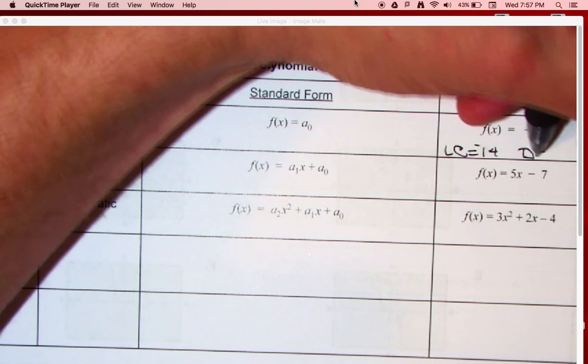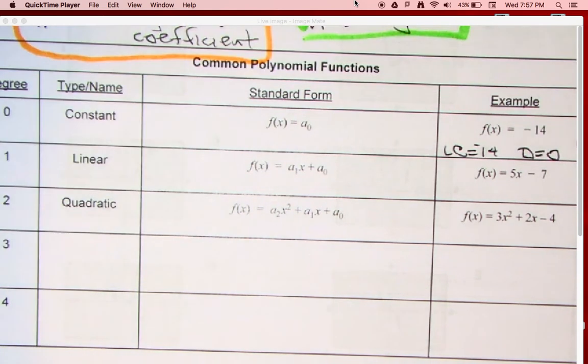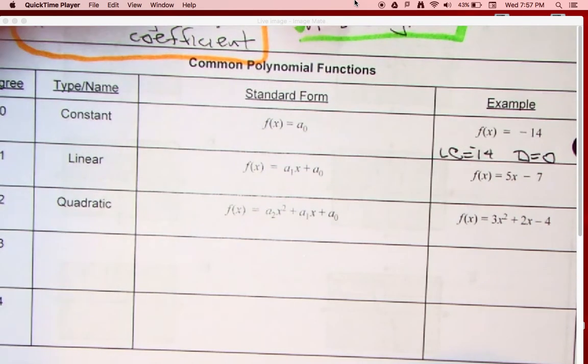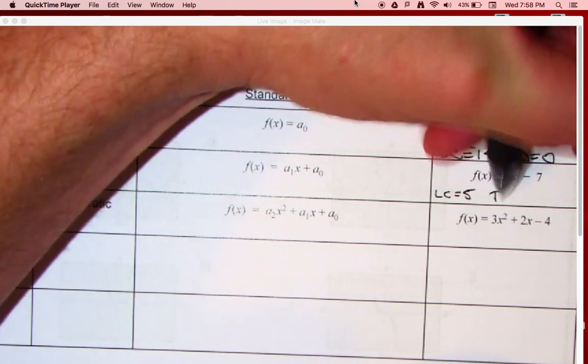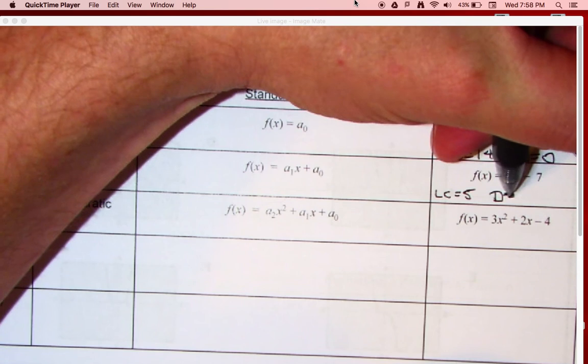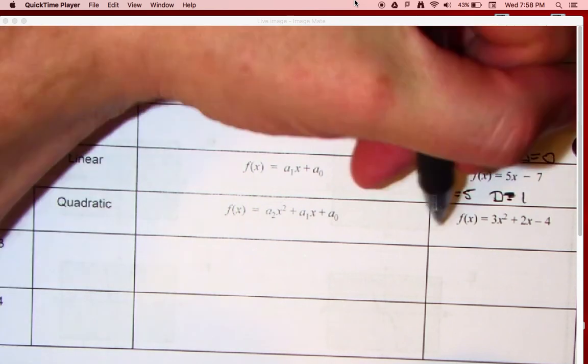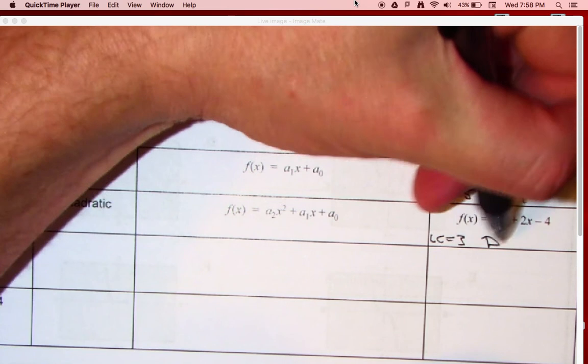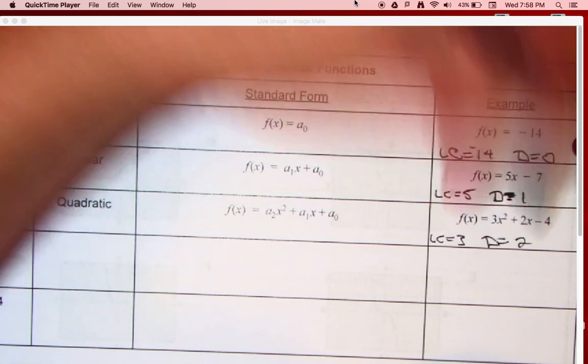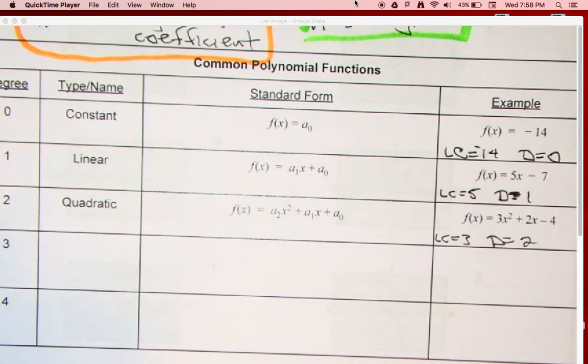My degree is 0 because we technically have an x to the 0 in there. This one, my leading coefficient is going to be 5, and my degree is going to equal 1. This one right here, my leading coefficient is 3. My degree is 2. And that's what we've been dealing with so far.